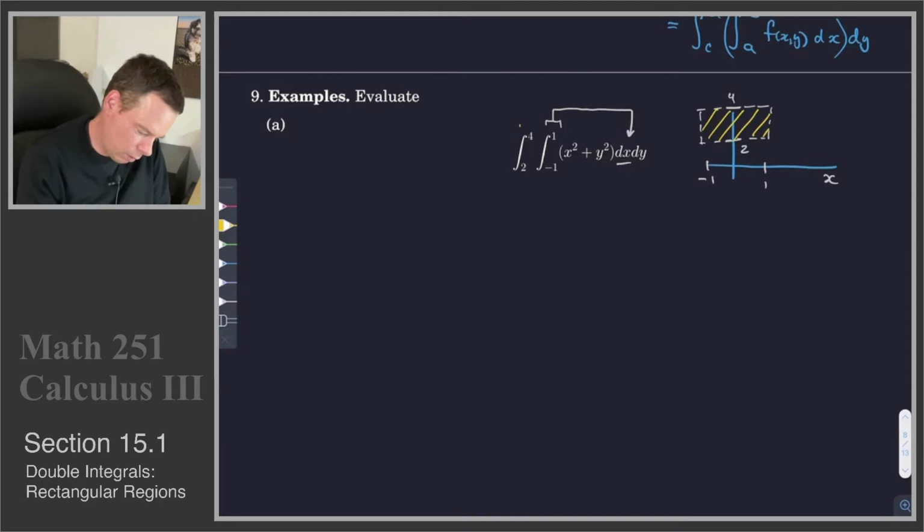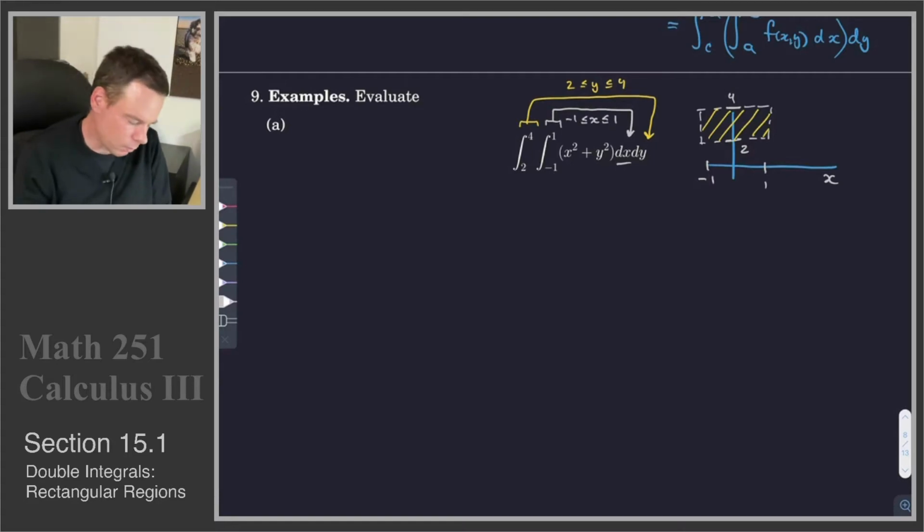And so those are our y values. So y is trapped between 2 and 4, and x is trapped between -1 and 1. Okay, so that's just a little bit of the anatomy of the double integral, how to read off the various limits of integration for our variables.